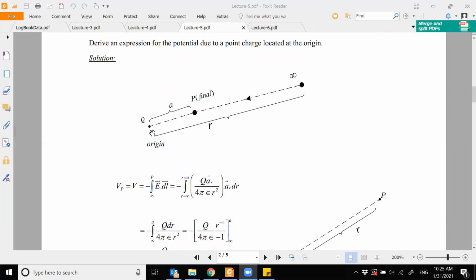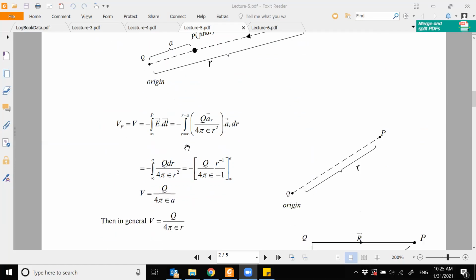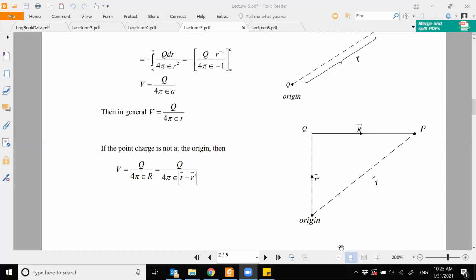What about if my point charge is not at origin? No issues. If my point charge is somewhere here and the origin is somewhere here, you can use position vectors as we did in Coulomb's law.